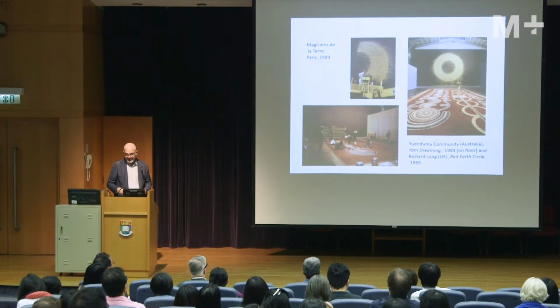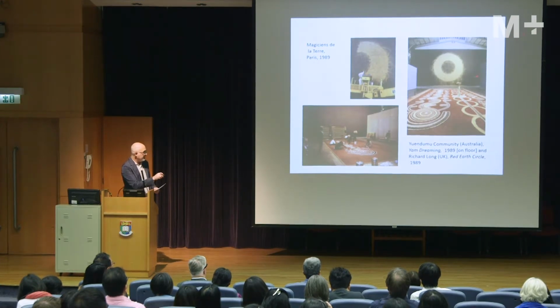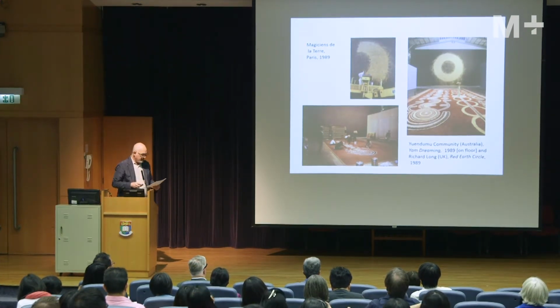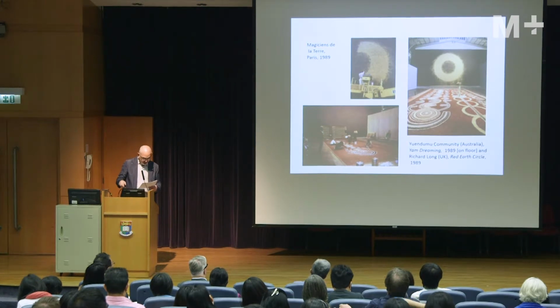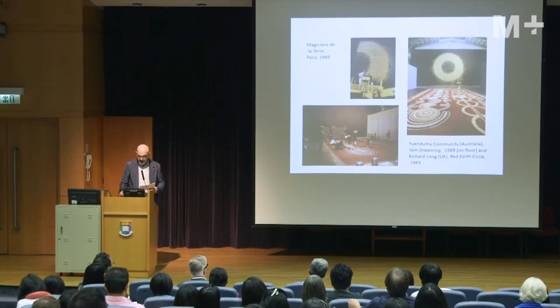But here what I'm showing you is a land art work of the British artist Richard Long, and this earth painting of an Australian Aboriginal community called Lamb Dreaming from 1989.